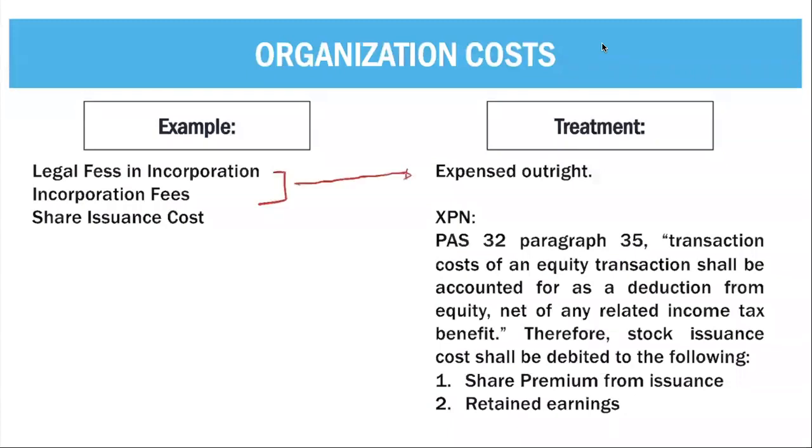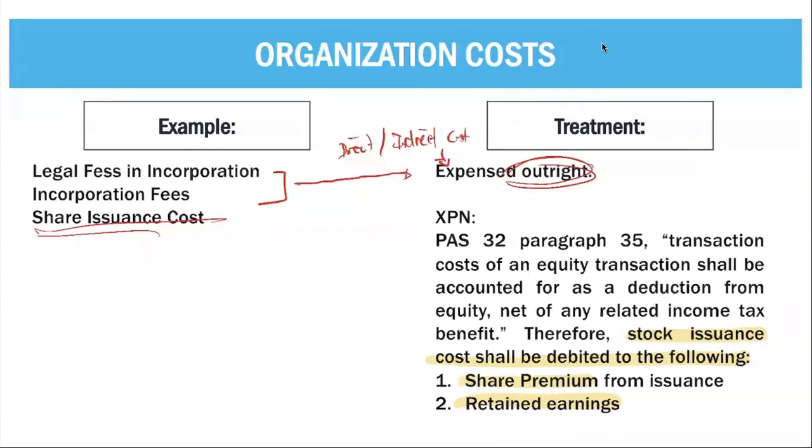Okay, legal fees in incorporation, incorporation fees, they are expensed outright. However, share issuance costs, what is the treatment? The share issuance cost shall be debited to the following. First, your share premium from issuance, and then later, retained earnings.